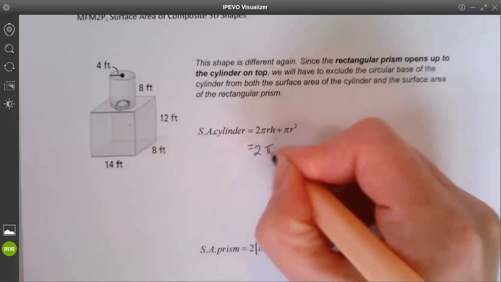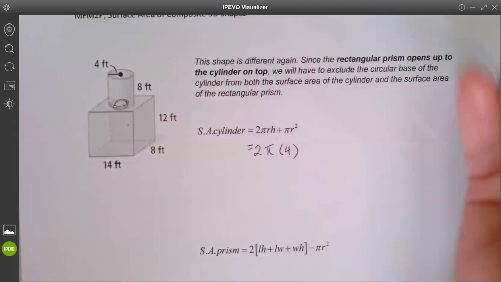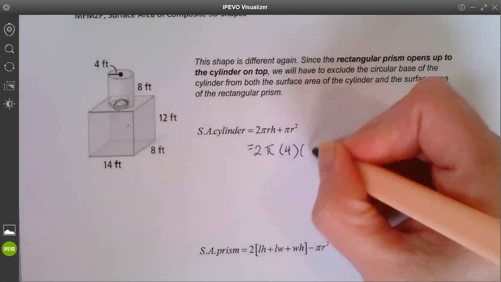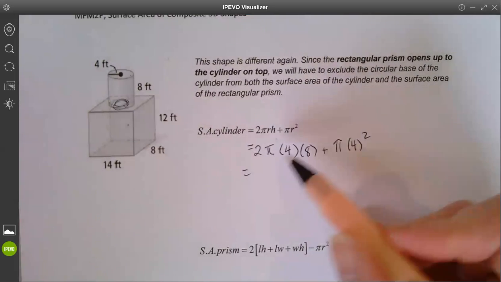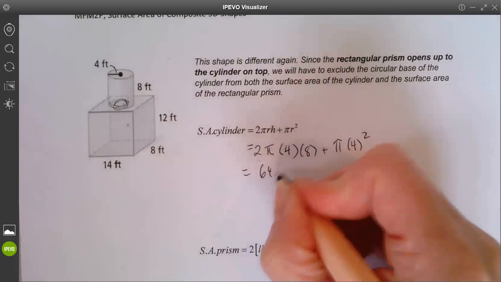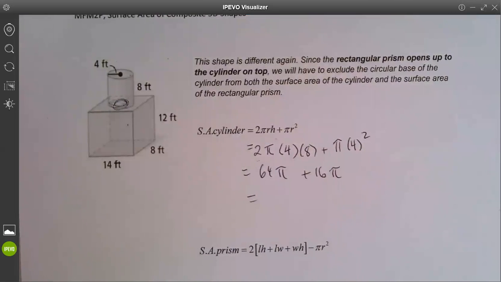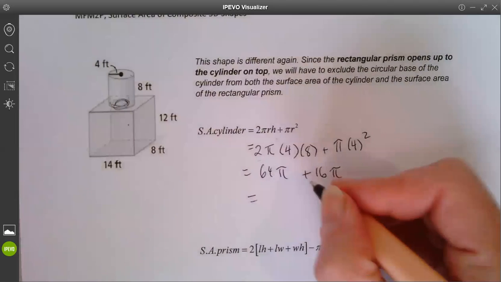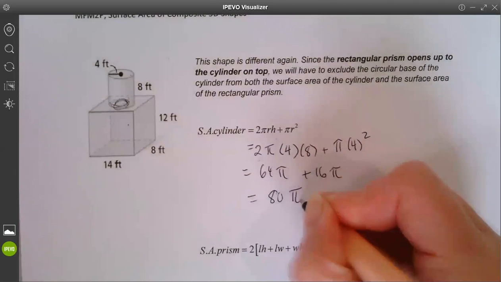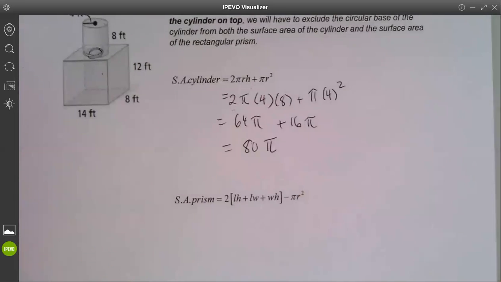So we're going to do 2 pi, our r value is 4 for this, and the 8 here represents the height. And our radius is 4, and we square that. So that'll be 8 times 8 is 64 pi plus 16 pi. And we'll add those together. 64 plus 16 gives us 80 pi. And so that's an exact value for the surface area of our cylinder, excluding the bottom.